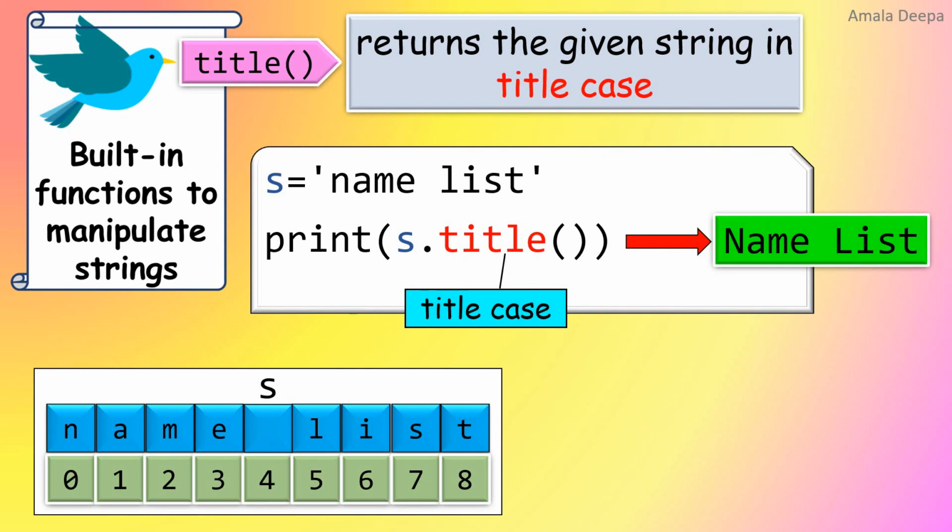That is the meaning of title case. So here in the string name list, the characters N and L are in lowercase, and in the output, you can see that N, L are in uppercase. So this is how the title function works.